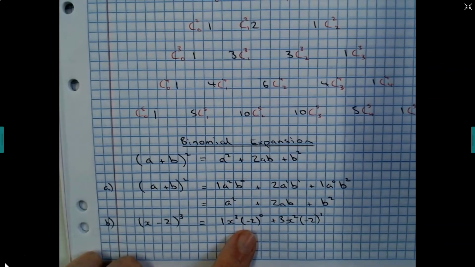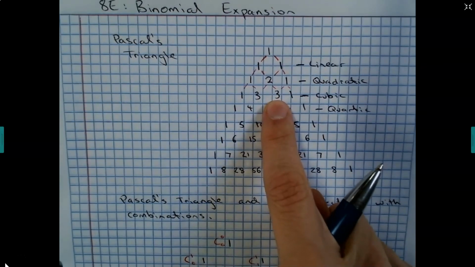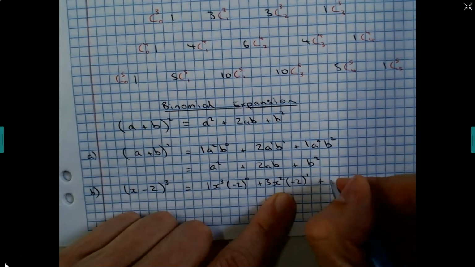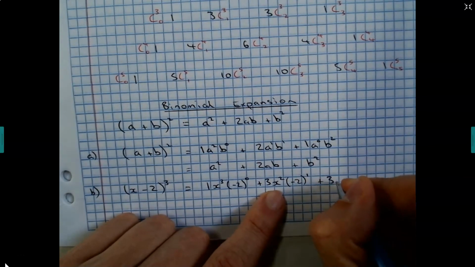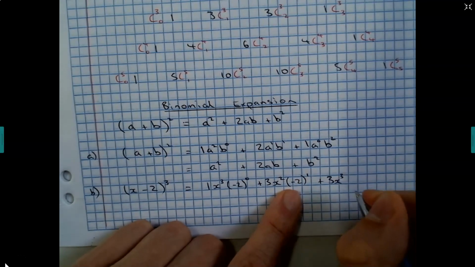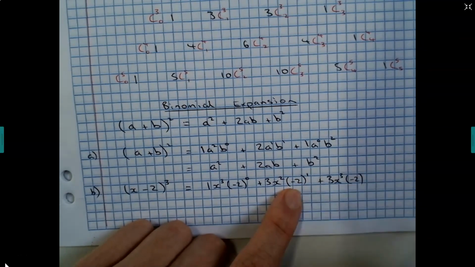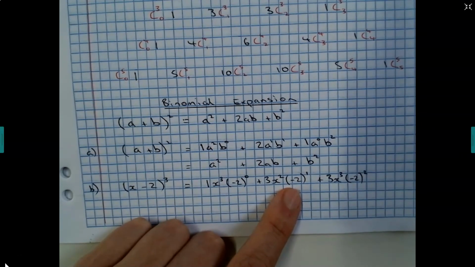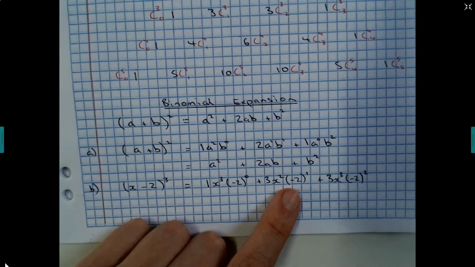Okay, and then the coefficient of the third term using Pascal's triangle again is going to be a 3. So it's going to be 3x, which was our first term, raised to the power of 3. And then the second term, which was minus 2, we're going to raise to the power of 2. Can you see how the second term is counting up, the first term is counting down with the powers?